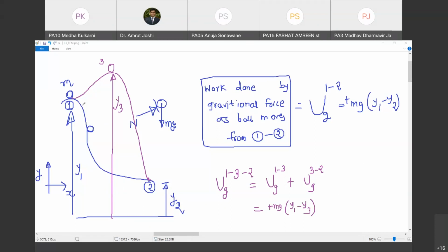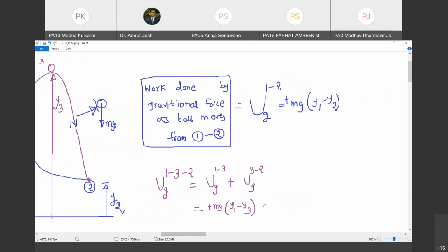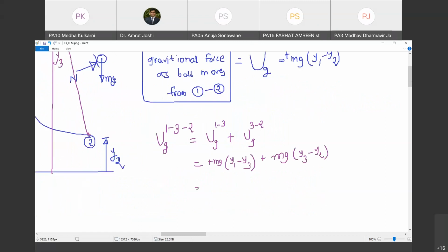Are you with me? Yes sir. Because the ball is going up, it is work done against the gravitational force, so it has to be negative. Happy? Yes sir. But the sign is automatically taken care of. Plus, tell me what to write. So it should be mg (y3 minus y2). Simplify. Yes sir.